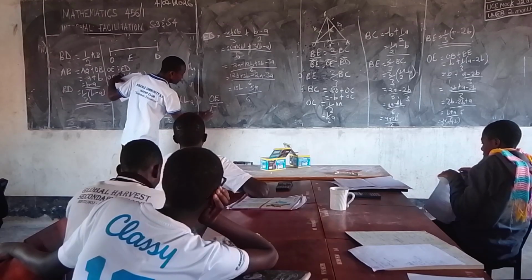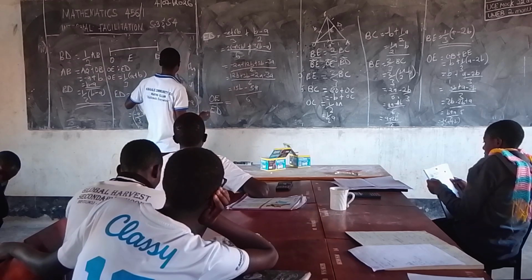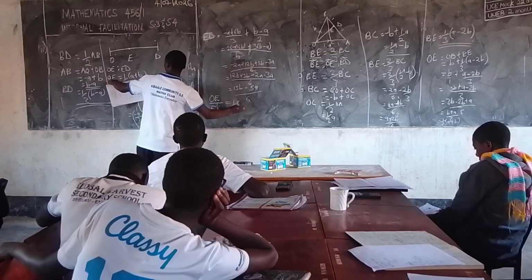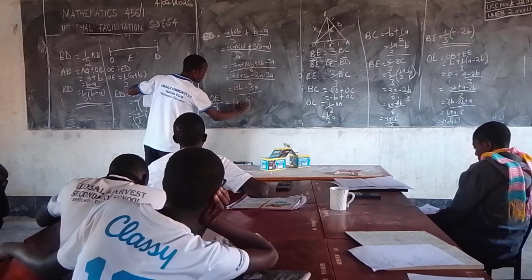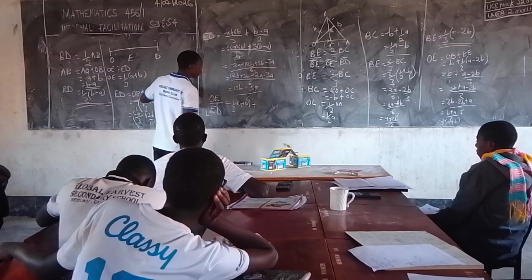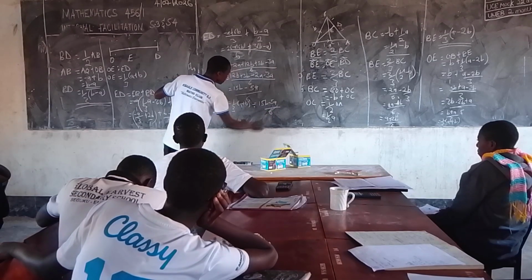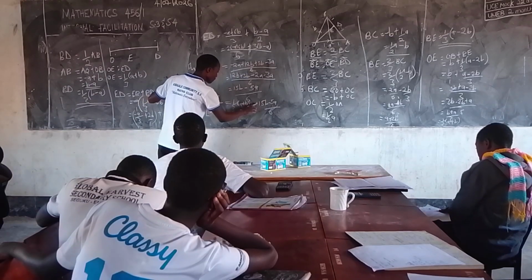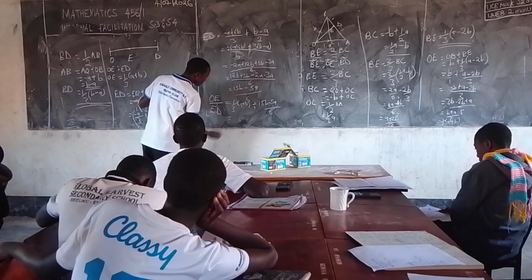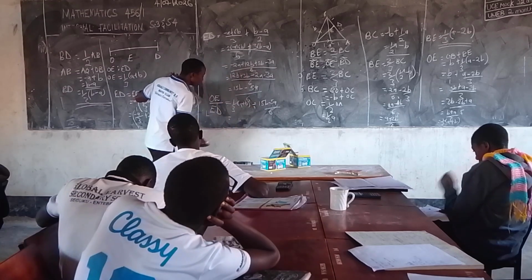OE over ED is the same as a third, OE, a third into a plus b, divided by 15b minus 5a over 6. We are going to introduce a multiplication sign, then this one is simple.